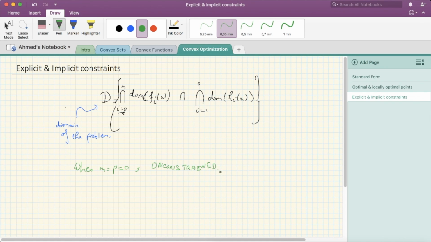However, don't be deceived by such a thing. Sometimes you could reformulate your problem by forcing those constraints out. Now, what do I mean by that? So let's say you're given the following minimization problem or optimization problem. In this course, when I say optimization problem or minimization problem, it's going to be the same, unless I explicitly come and write maximize.